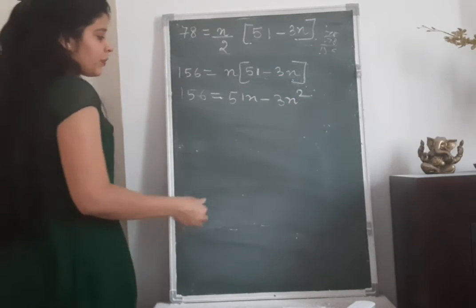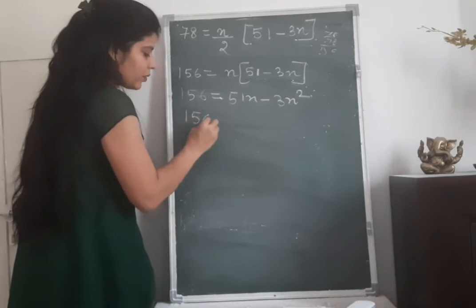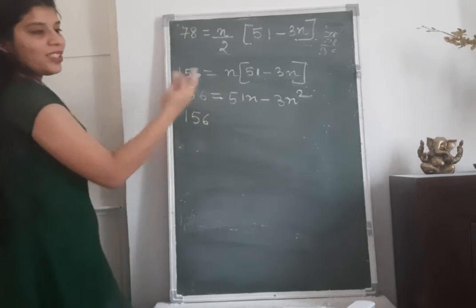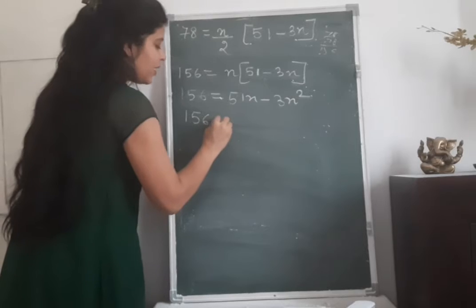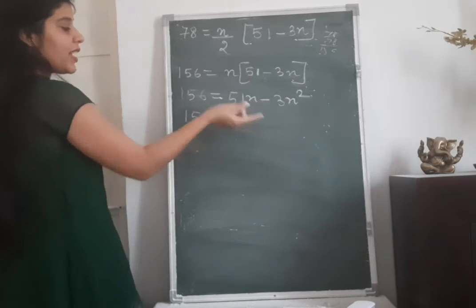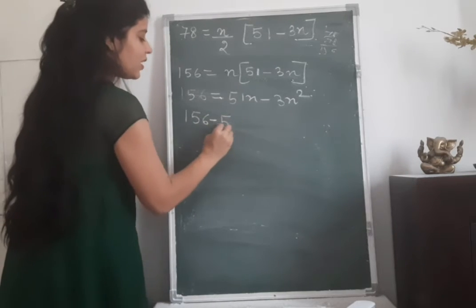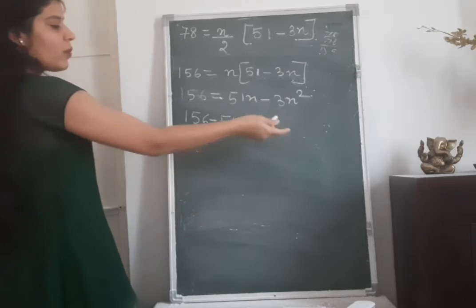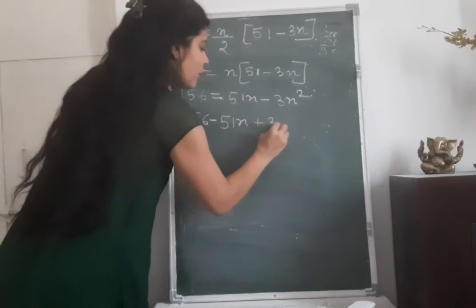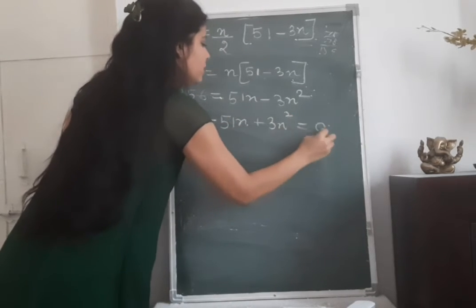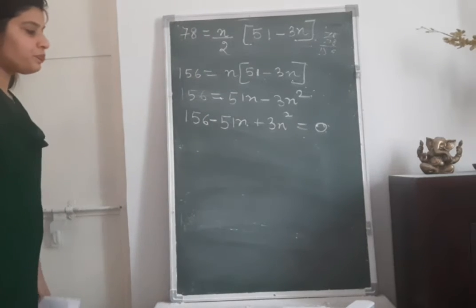Right? Let's move all the terms to the left hand side. 156, and this 51n, when it comes to this side, becomes minus 51n. Minus 3n square comes to this side and becomes plus 3n square, equal to 0.